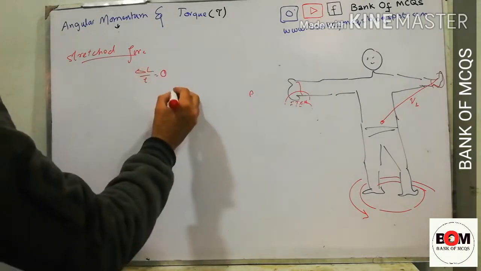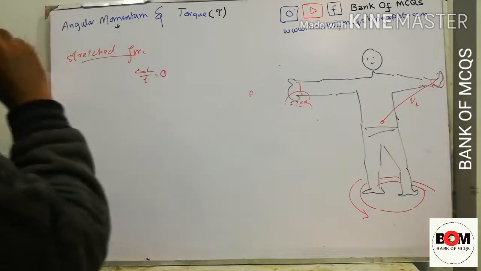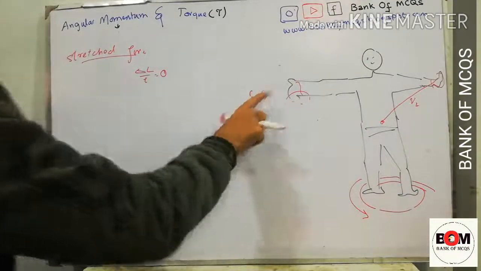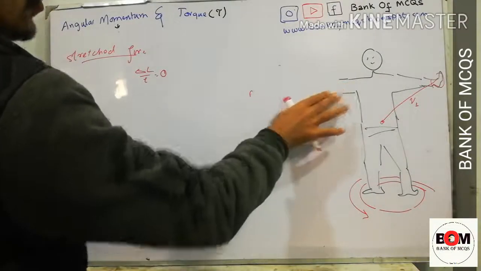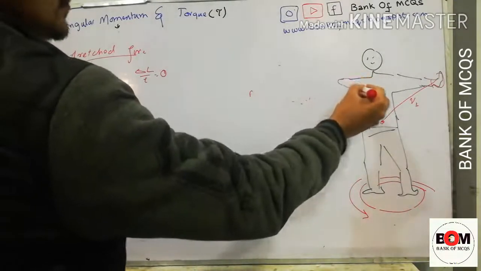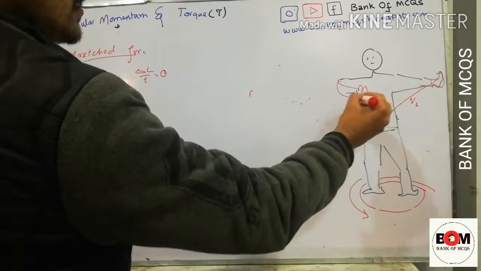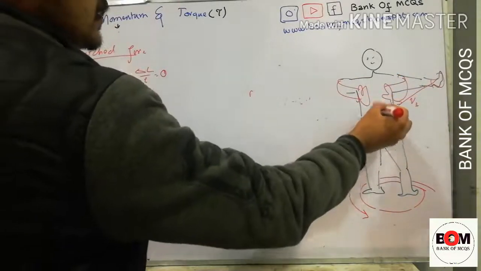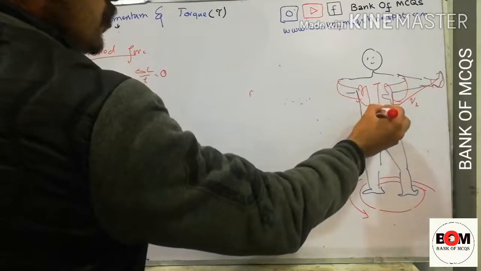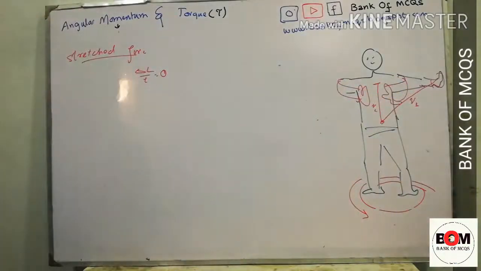This is the first pose. In the second case, he folds his hands toward his chest, so this is the second pose, where he reduces his radius to r2.